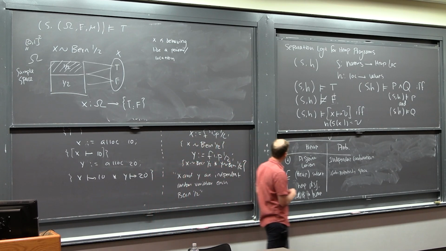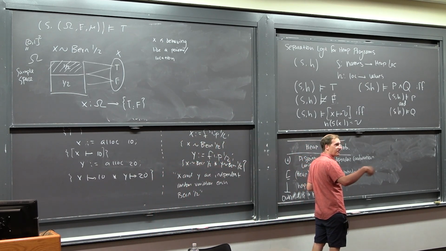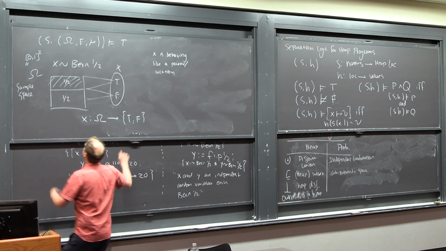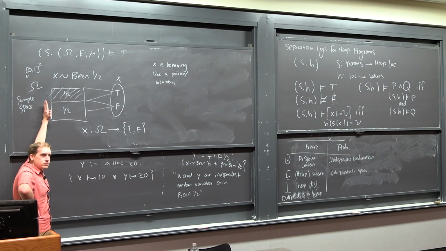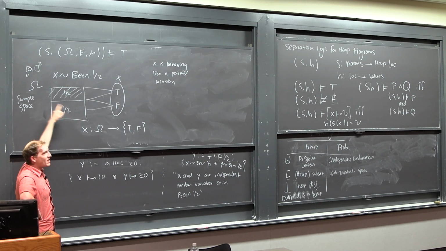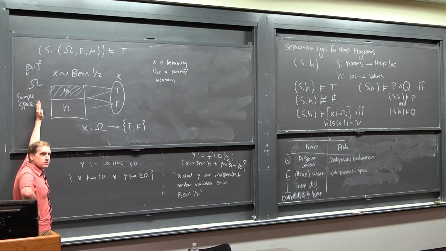So when I was working under my heap model, I would pick a fresh location for y, and I would use that instead. Now, what's my notion of fresh locations here? If this is my world, I need a way of getting a fresh location out of this world. Some piece of randomness, some random variable whose probability is 1/2 that's independent from the one I've already allocated, right?